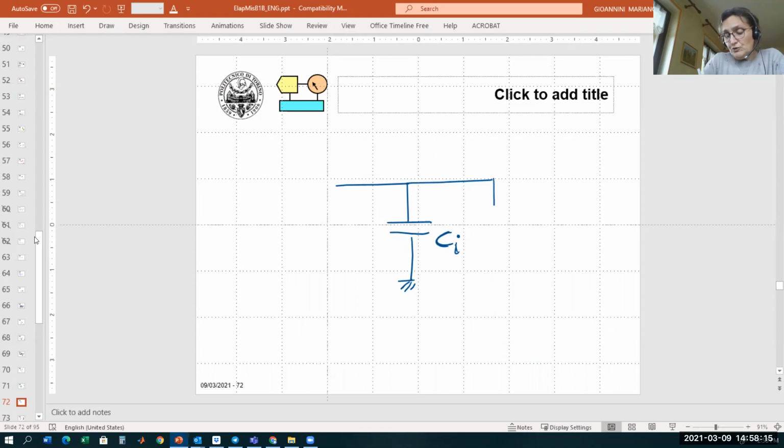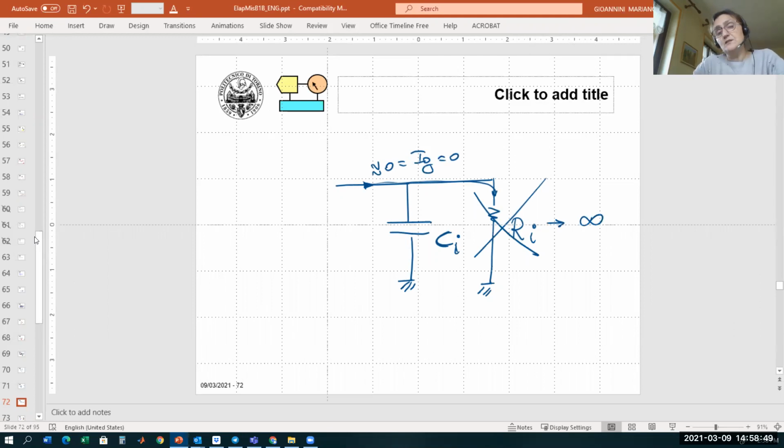And if we want to be very precise, we can add in parallel an input resistance. But as we already mentioned, the static current entering here is basically zero because the gate current is zero. So we can say this one is an open circuit. Actually, there's a resistance there, but that one is extremely high. And so we say this resistance is infinite, and we can neglect it.